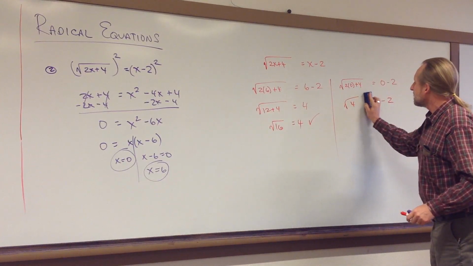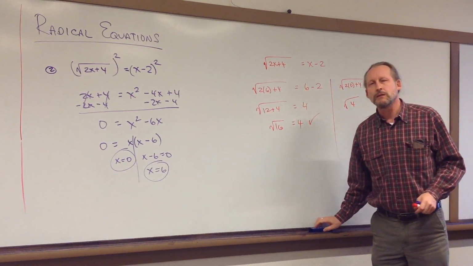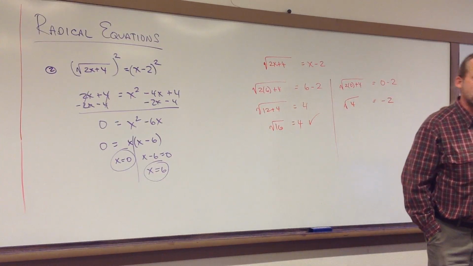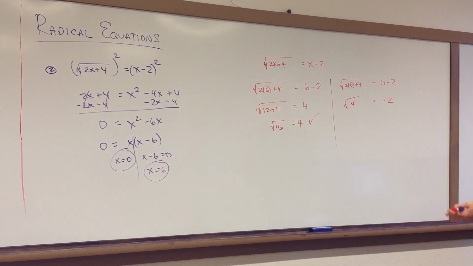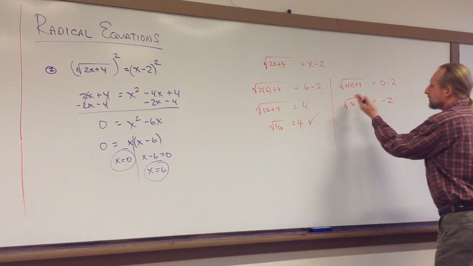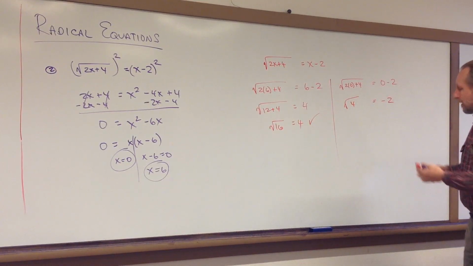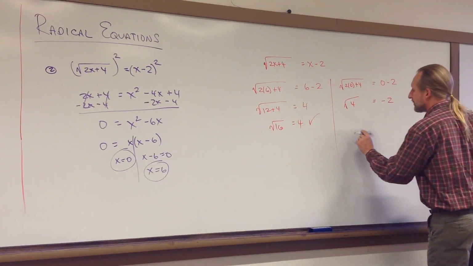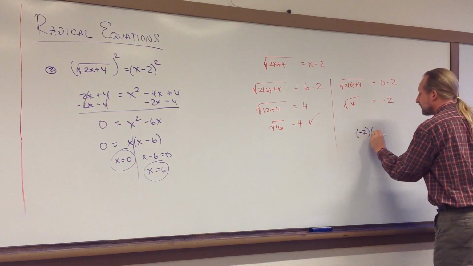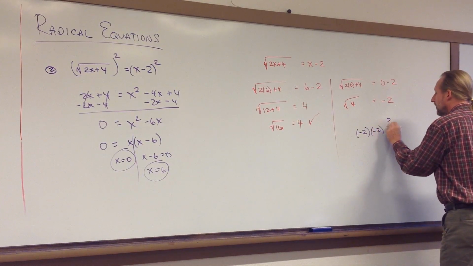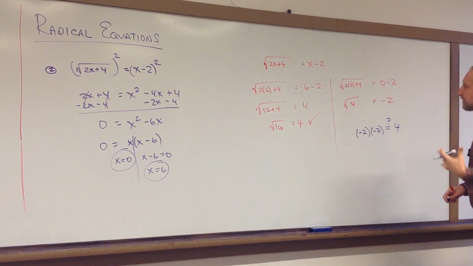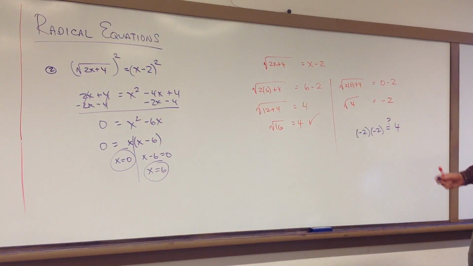But again, that's not based on mathematical concepts. Okay? There's no problem conceptually with saying that the square root of 4 is negative 2 because the definition of a square root is when you multiply it by itself, do you get what's inside the square root symbol? The answer is yes. Okay?